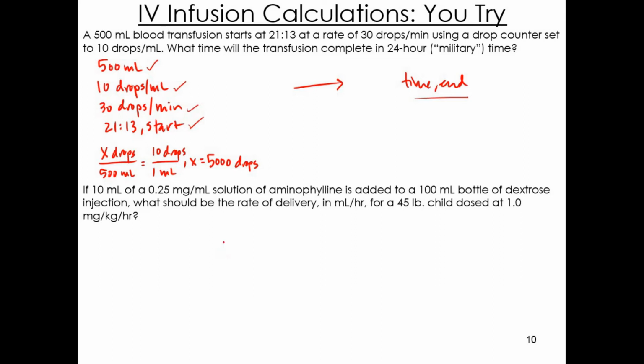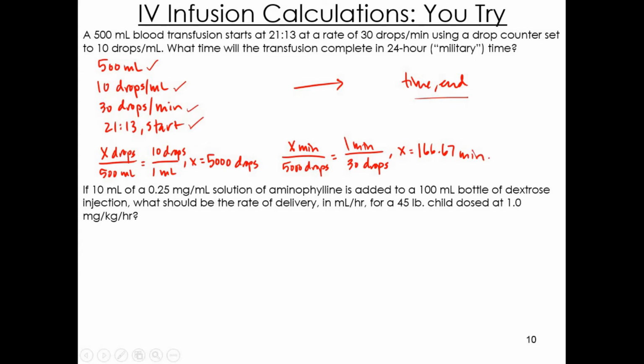And then we can use that to determine the amount of time that will elapse to deliver those drops. So 5,000 divided by 30, that's 166 2/3 minutes.